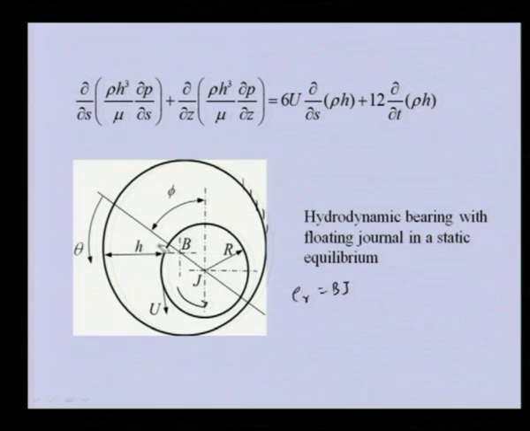And at any position, the film thickness is given by this. So this h is the film thickness, u is the velocity of the journal, and capital R is the radius of the journal, and this particular line which joins the bearing axis and the shaft axis will be the reference position when we want to measure the circumferential angle or the circumferential length s.